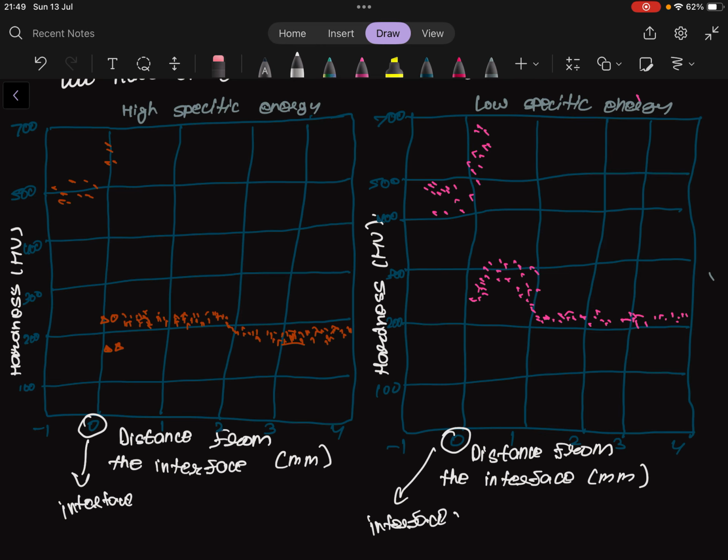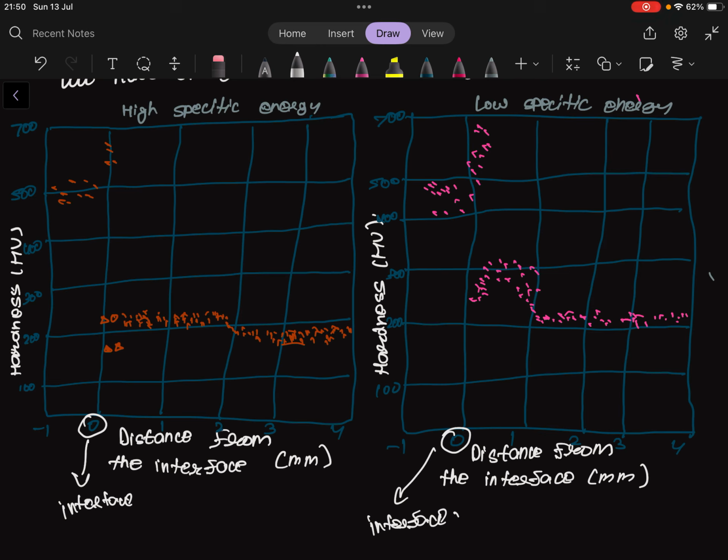We notice that for both samples, we have a hardness value of 500 Vickers. And when we reach the interface, we have an increase in the hardness, because we are also applying cladding of iron to the composition of our superalloy. So we have mixing of the elements, which increases the hardness.